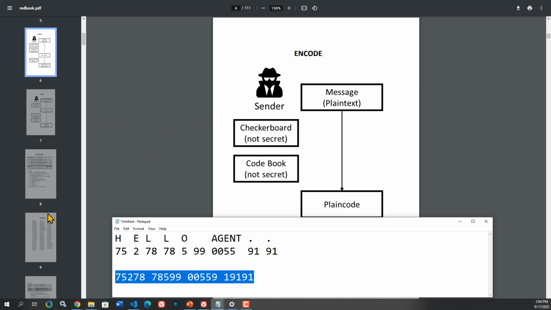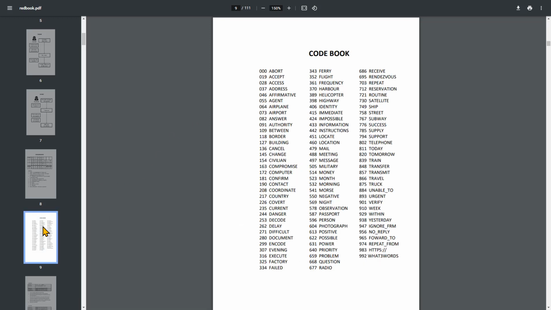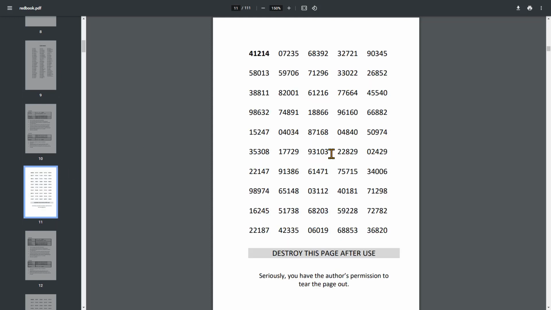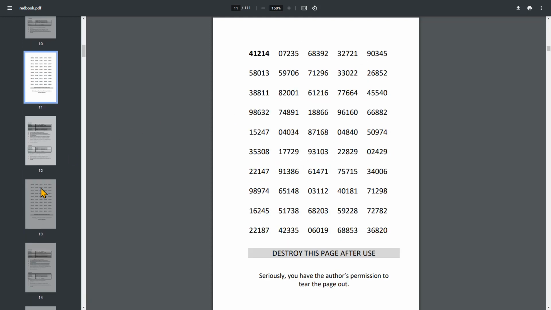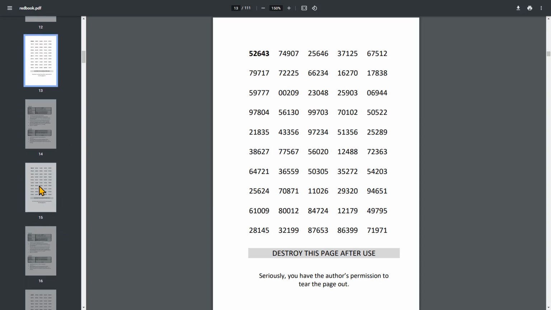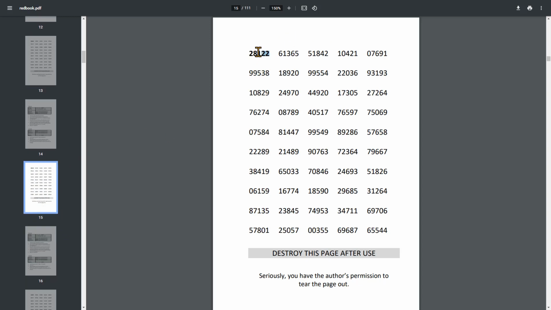Let's go ahead and take a quick look. This is from the Number Spies Red Book, but you'll notice that there are different one-time pad pages here, different sets of numbers, and they all have this first grouping of 5 numbers as bold.